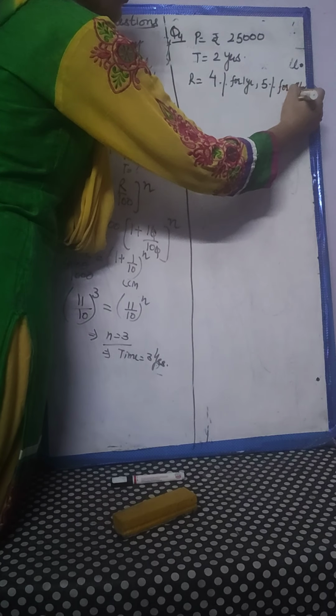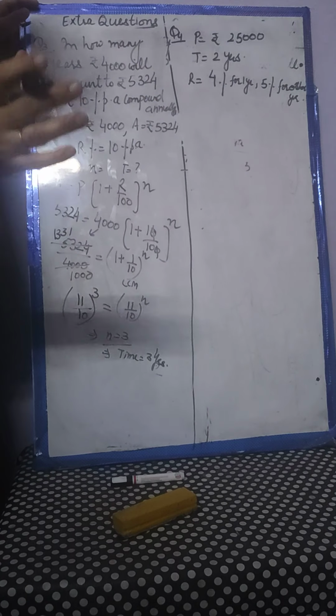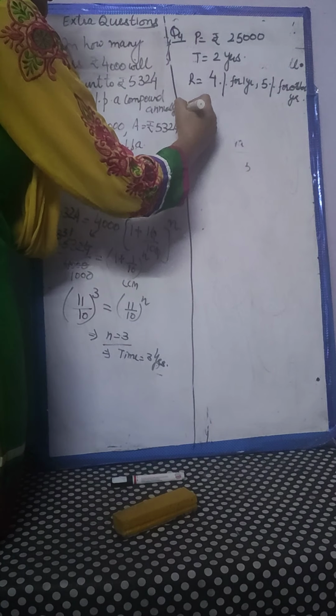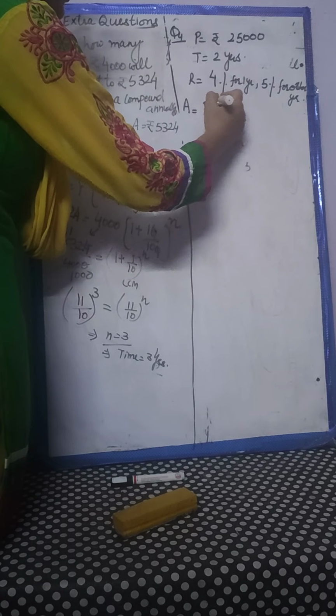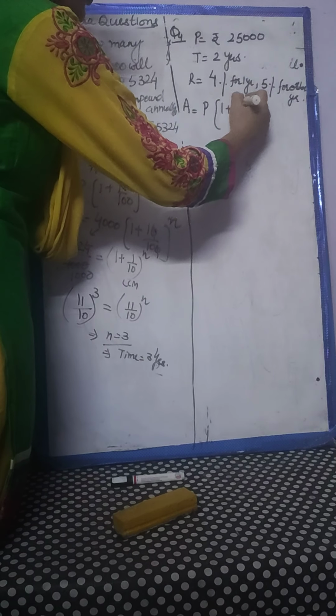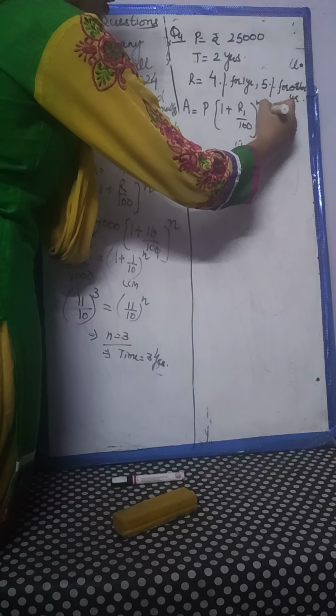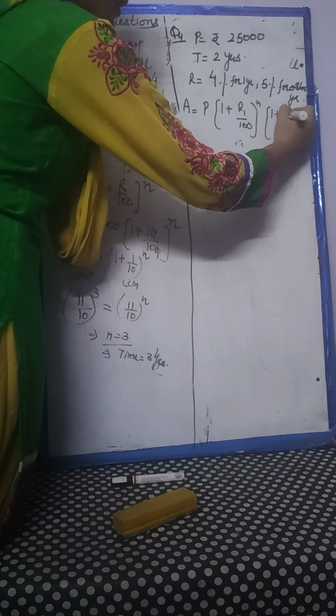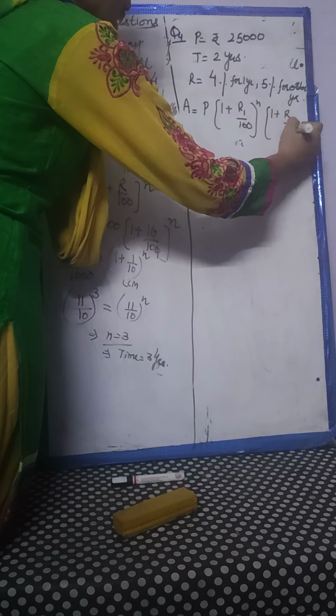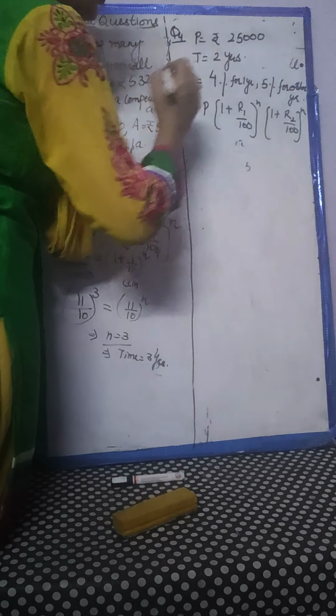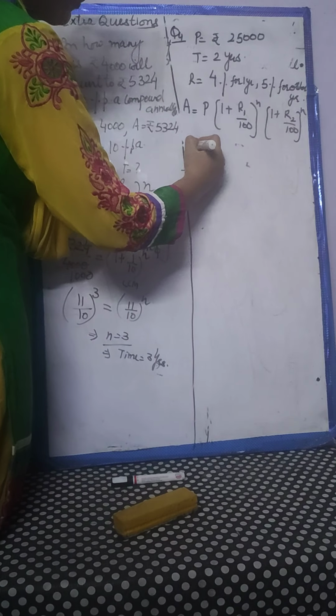So now we have to find the amount. This is a similar kind of question. Just one thing here is, we have to take R1 by 100, R2 by 100.